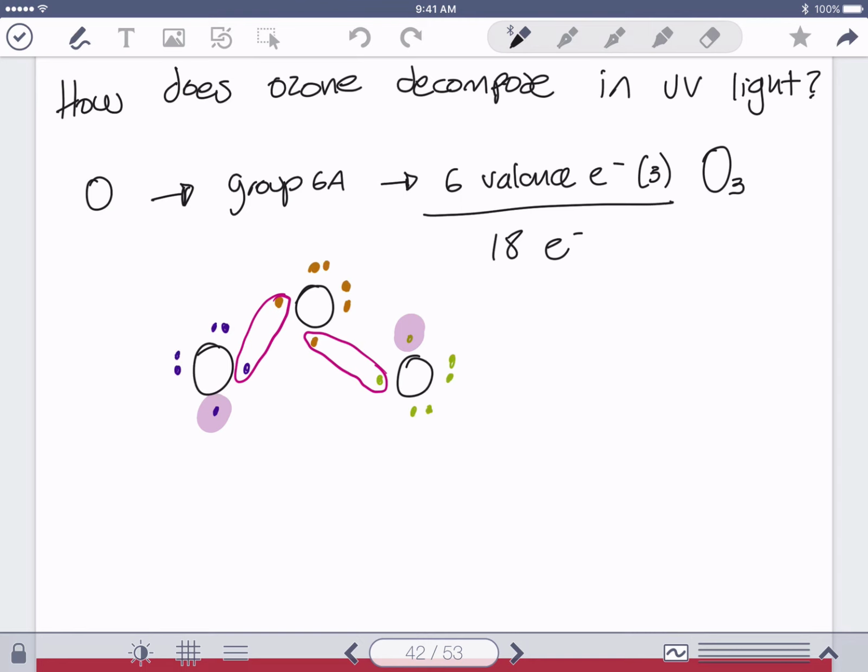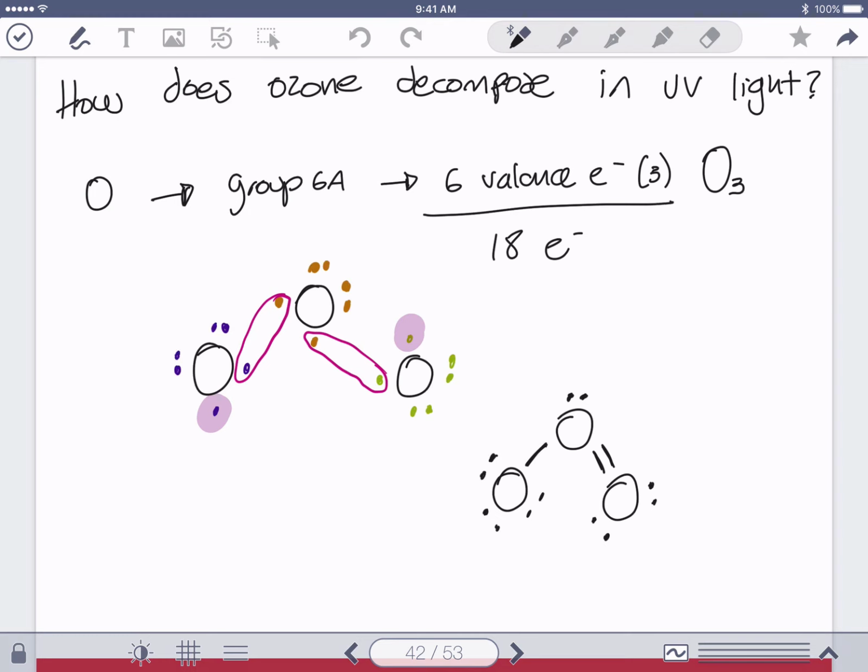So when I look at my oxygen, and oxygen, and oxygen, I'm going to form a double bond on one side of the molecule, and therefore I end up having a structure like this, and then I form a single bond on the other side with the other oxygen. Now this is how I draw the Lewis dot structure for ozone.